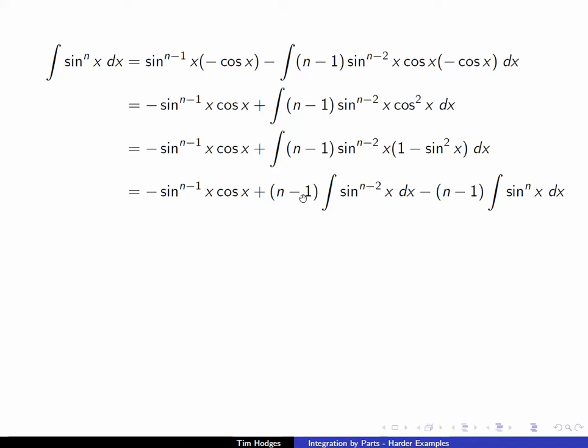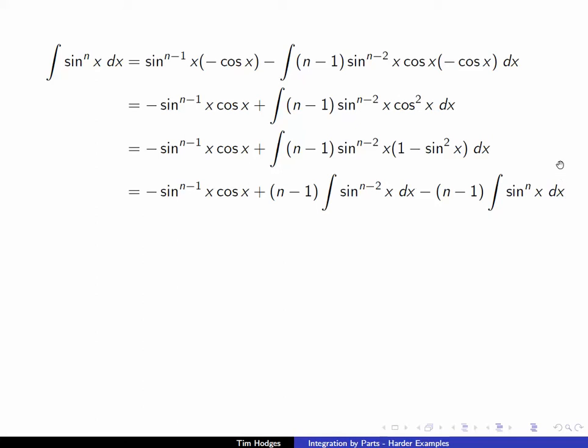And then we split this last integral into two integrals. This is sine to the n minus 2 x times 1 minus sine squared x, which is actually sine to the n minus 2 x minus sine to the n x. So we have n minus 1 times the integral of sine to the n minus 2 x minus n minus 1 times the integral of sine to the n x.